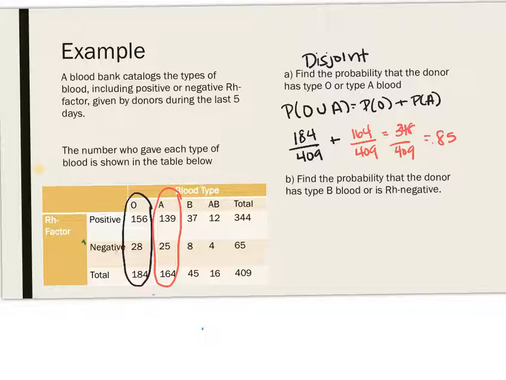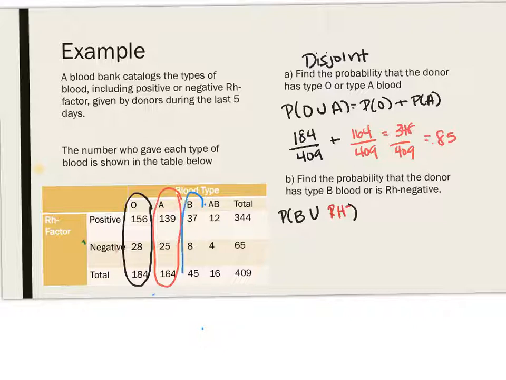The next question says, find the probability the donor has type B blood or is Rh negative. So the probability of having type B blood or an Rh factor that is negative. And so that's equal to, we look across this time, well, who has type B blood?